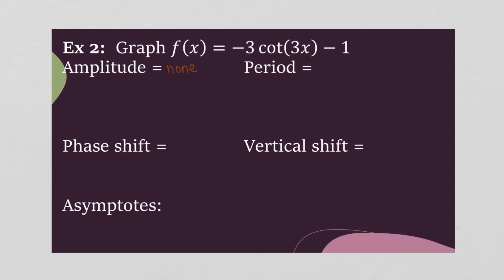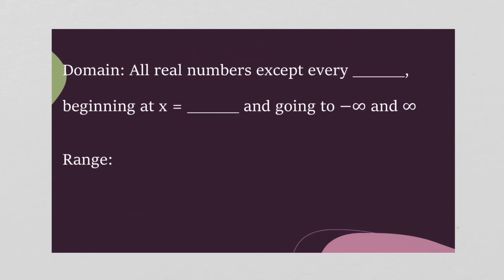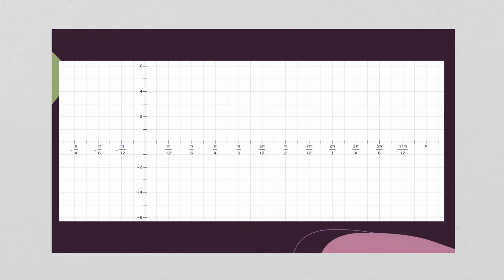Okay, period. So let's see, we've got the period for cotangent, and you have to think about your graph. So for your regular cotangent, it starts at 0 and goes to pi, okay?